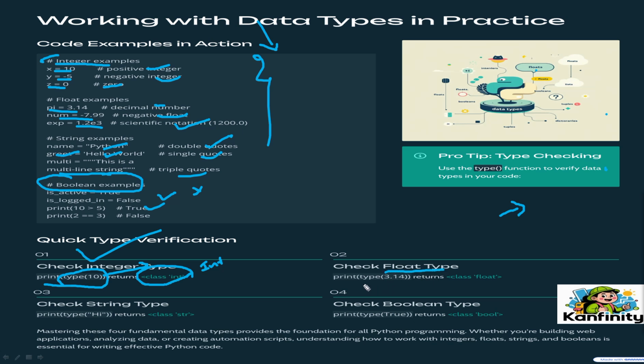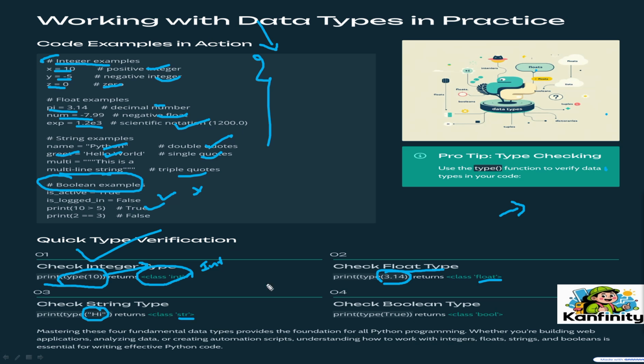We consider this as float because here we are using a decimal number, 3.14. Then the third data type is string, which we call str. Here you can see print type high, where we have used double quotes. This type of statement we call string data types.